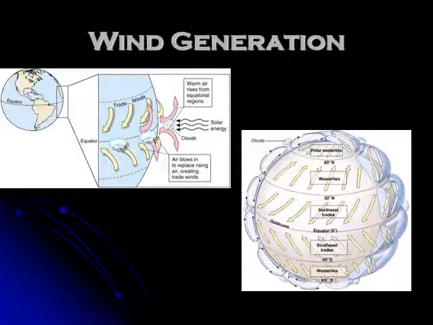What that's going to do is create this giant, what's called a convection current, which we talked about before. It's a circular current, just like the asthenosphere. So convection currents also occur in our atmosphere. Between 30 degrees north and the equator, the net direction of the movement of air is from the north to the south.